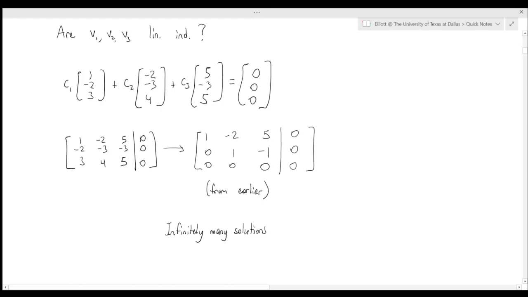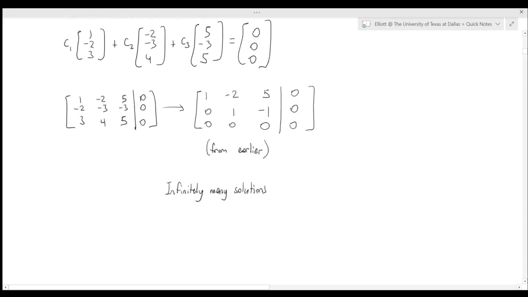And we've talked about it before, so why is it that we have infinitely many solutions to the system of equations? All right, so let's talk about why that would be the case. Oh, actually, just before that, real quickly.